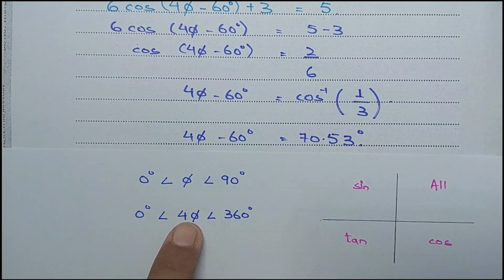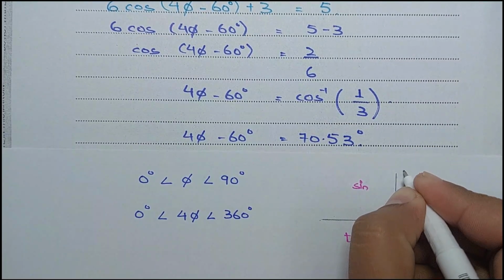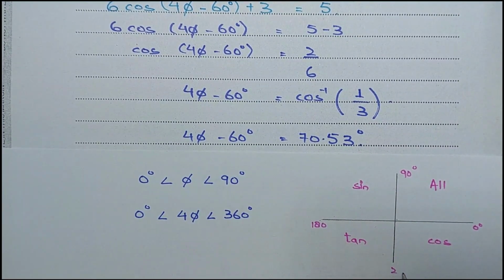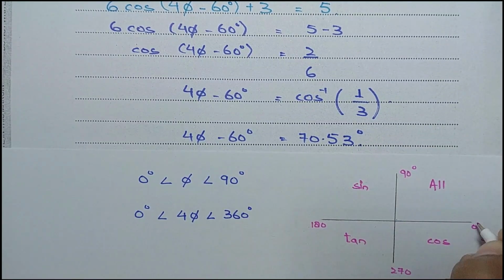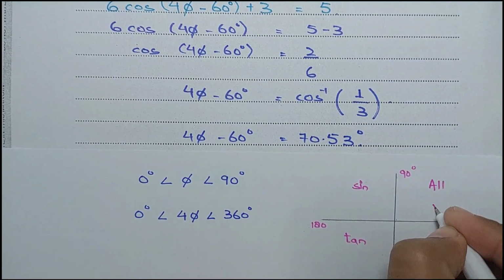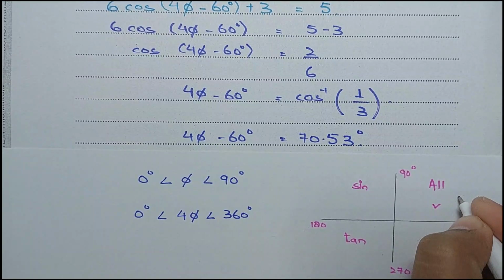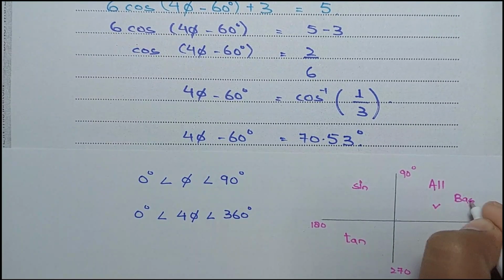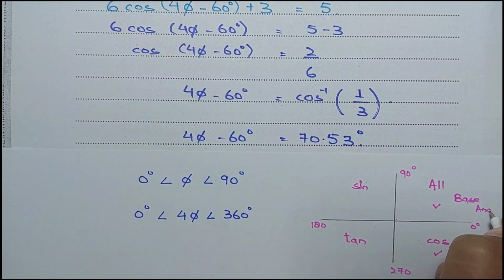Since now the domain for 4 phi is 0 to 360, this is 0 degree, this is 90, this is 180, this is 270, and then again this is 360 degree, right? From 0 to 360, cos is positive in the first and in the fourth quadrant. The first quadrant is the base angle, right?